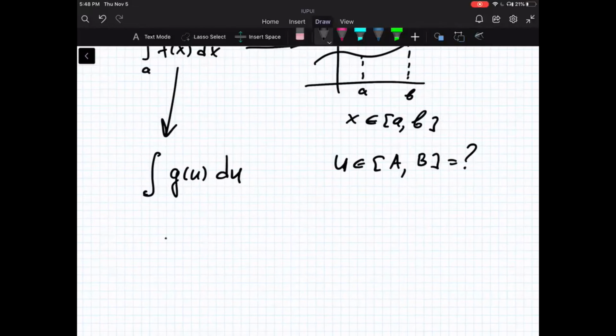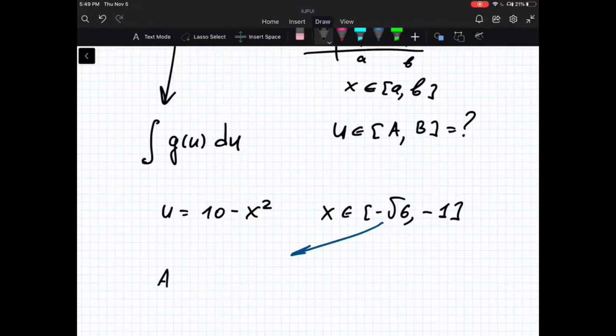So in our case, u is 10 minus x squared, right? And we know that x runs from minus square root of 6 to minus 1. And thus we can see that the left endpoint should correspond, by this formula, to the left point for the u interval, which will be 10 minus square root of 6 squared, or 10 minus 6, which is 4.